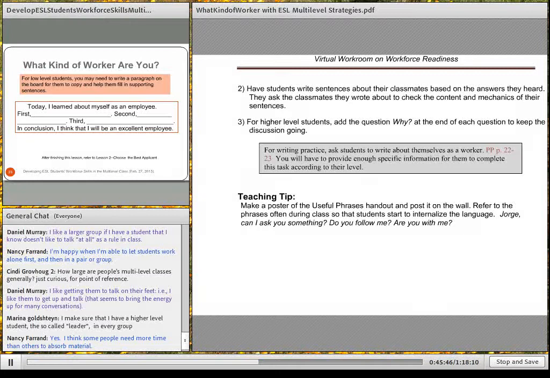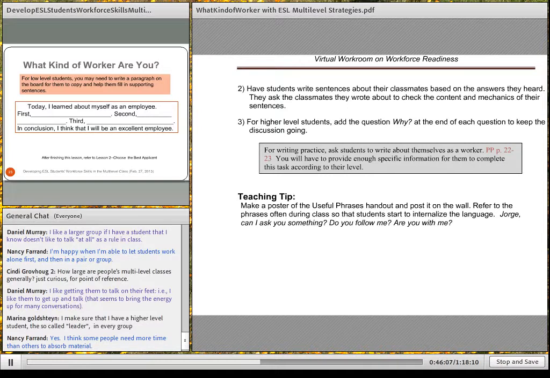We talked about indenting. We talked about commas, capitals, periods, everything. And so they copied this, and those that were able to filled in their sentences. Those that weren't able to, we did it together as a class. All right, and that is, what kind of worker are you?